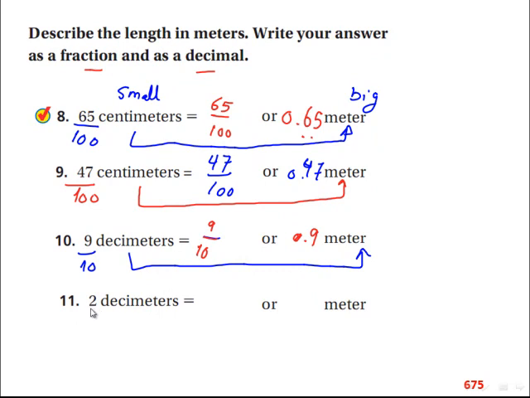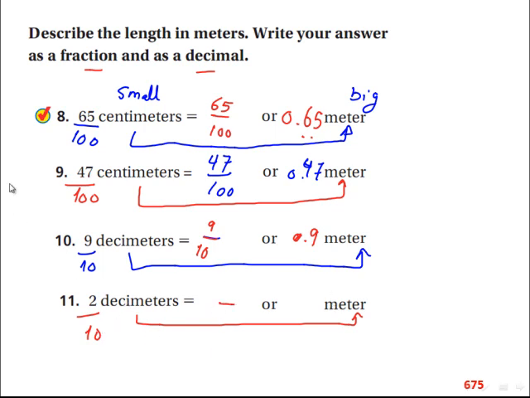Question 11. 2 decimeters equals what or what meter? You want to convert from decimeters into meter, from small unit to big unit. So I'm gonna divide. Divide by what? Great. I'm gonna divide by 10, because there are 10 decimeters in 1 meter.